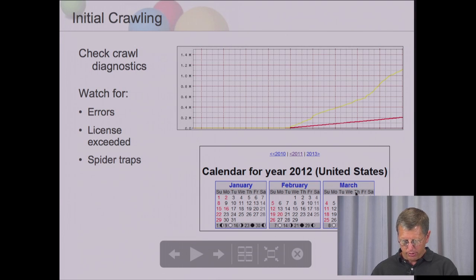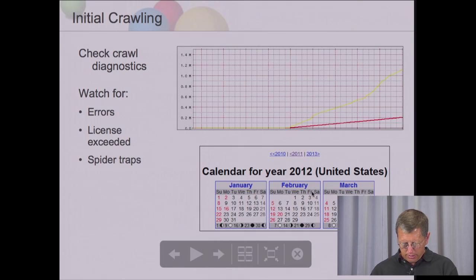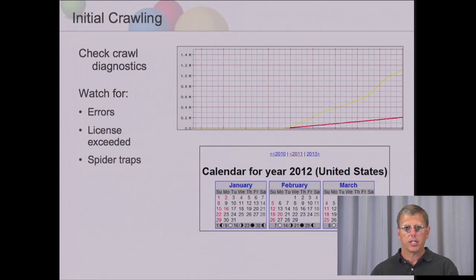If you look down this page below, ask yourself what could cause a potential problem with this page? And the answer is that this is a calendar page where there are links to successive years that just keep going and going and going. 2013, these pages are generated dynamically.